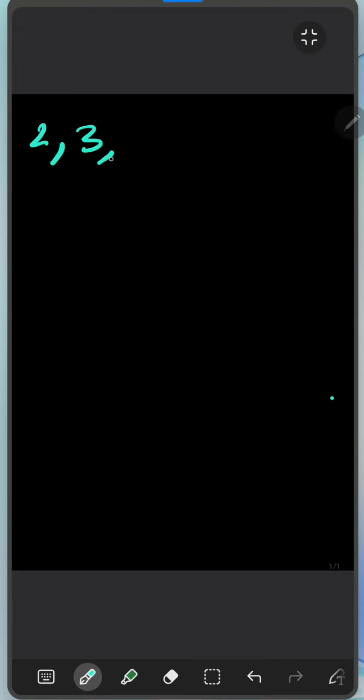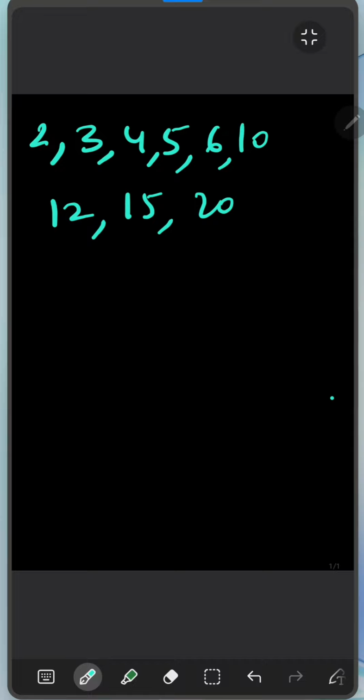You have so many factors like 2, 3, 4, 5, 6, 10, 12, 15, 20 and 30. These are the factors of 60, which make the calculation very easy. So they used 60 as base. So this is about degree, which has come from the sexagesimal system.